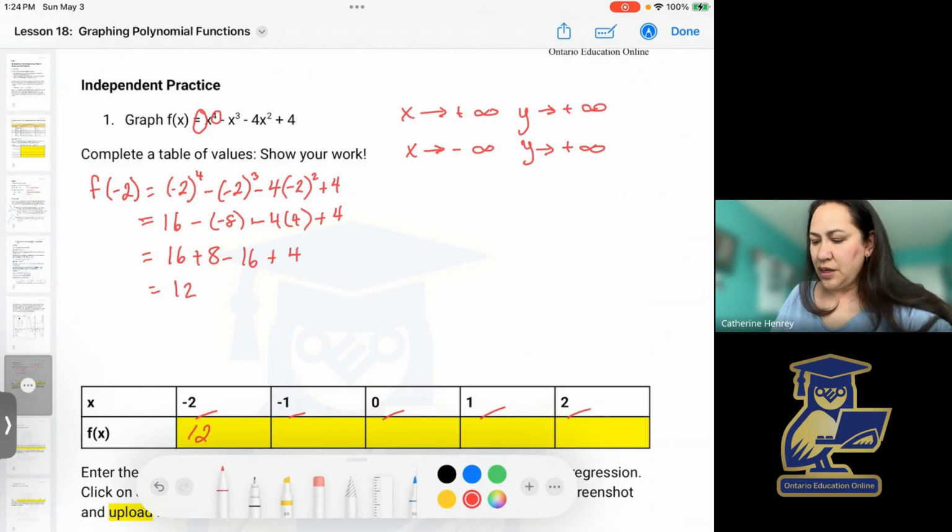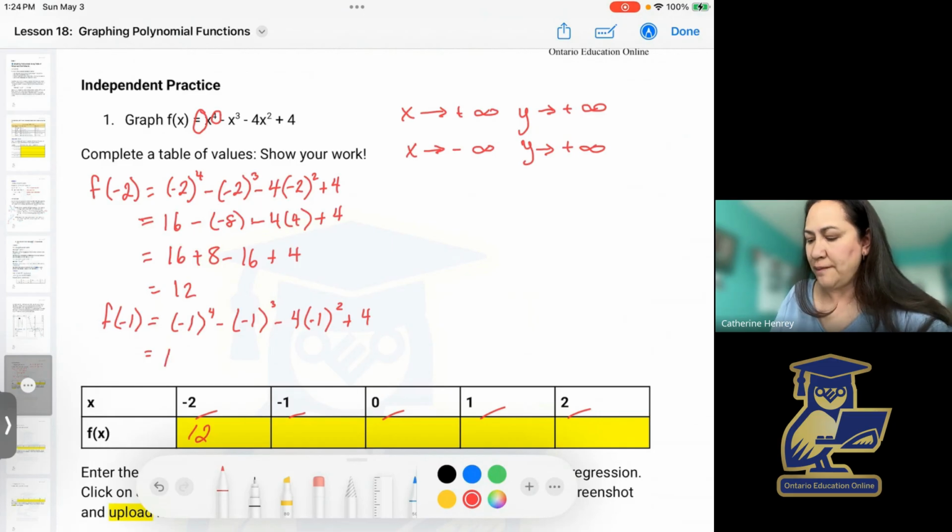We'll do another one, and then I'll let you go ahead and finish the rest. So f of negative 1 is going to be a negative 1 to the power of 4 minus negative 1 to the power of 3 minus 4 times negative 1 squared plus 4. Ones are a little more easy to simplify.